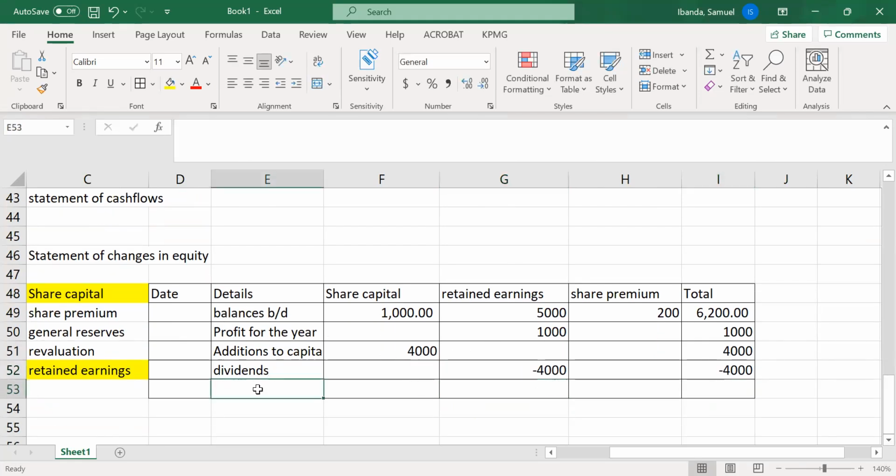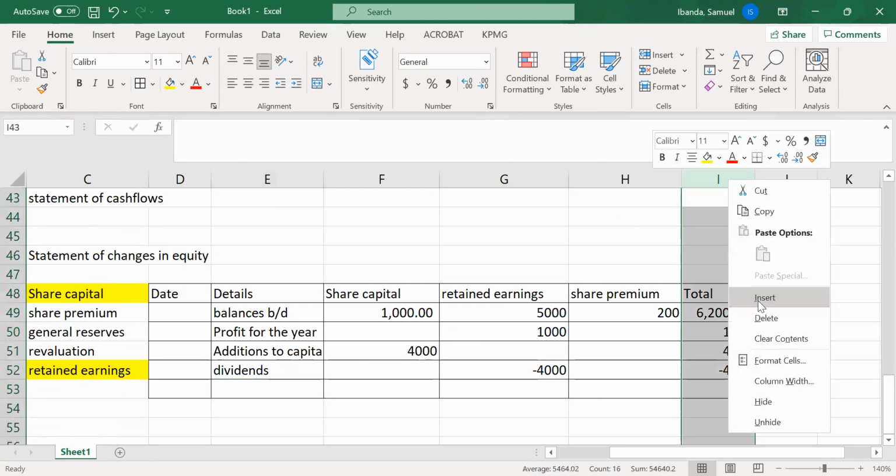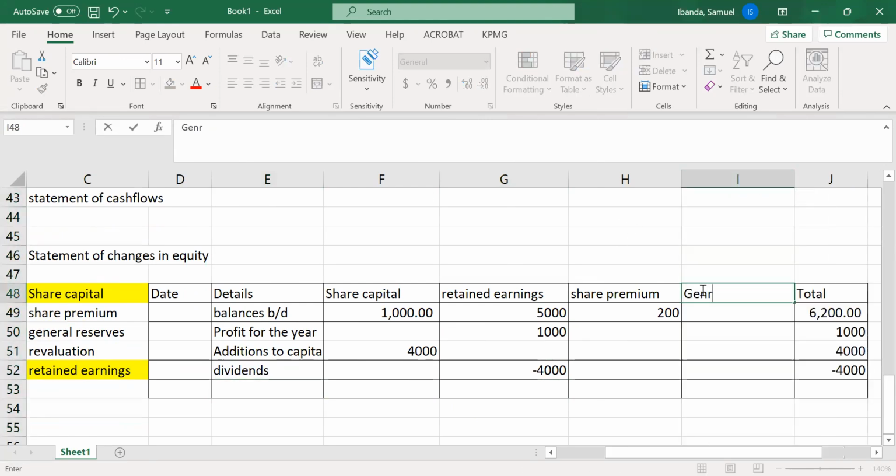Now, you can go on and on depending on what happened. In case there was a revaluation, you record that. In case there was a transfer, one of the things that the examiner brings is a transfer to the general reserve. They can tell you that a transfer of maybe 200 shillings was made to the general reserve.